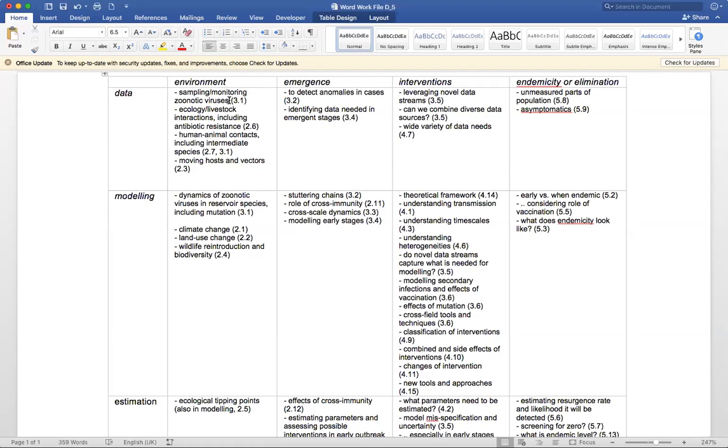One of the advantages of keeping it down to the smaller number of columns is it forces the people who are discussing these things to keep talking to each other. And if, when we get a bit further down the road, we find that either environment or emergence is getting a bit unwieldy or wants to, in some natural way, divide into two, then we can certainly do that at that stage.